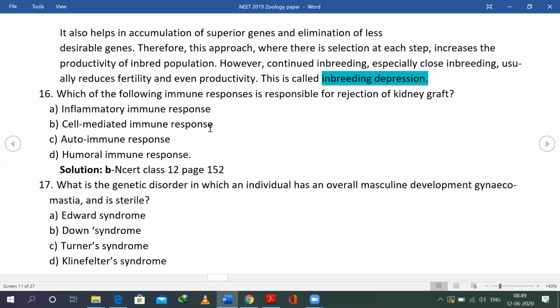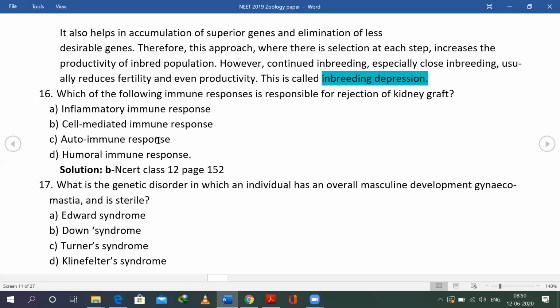Autoimmune response is the immune system attacking its own cells, but here the kidney is not an auto cell, it's allo. It has been brought from outside, so it is a foreign cell, so it cannot be the right choice. Inflammatory, so whenever there is an immune reaction, there will be inflammation. Allergy can be an inflammatory response, but allergy is not necessarily rejecting the organ, it's a reaction.